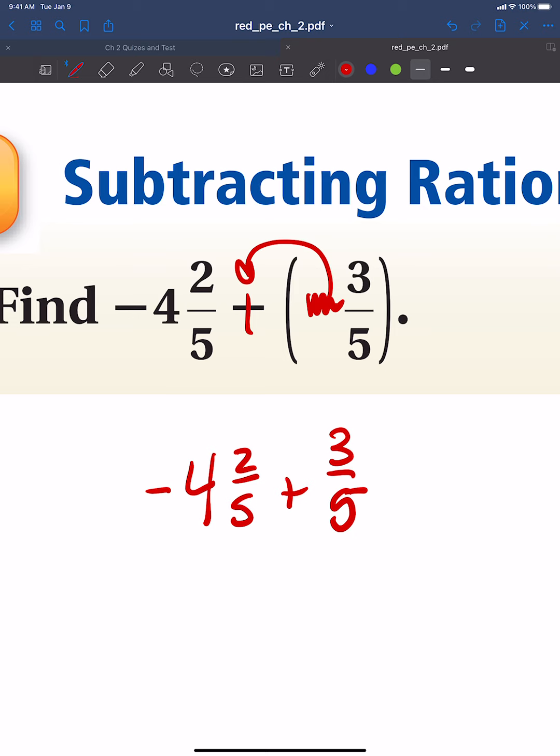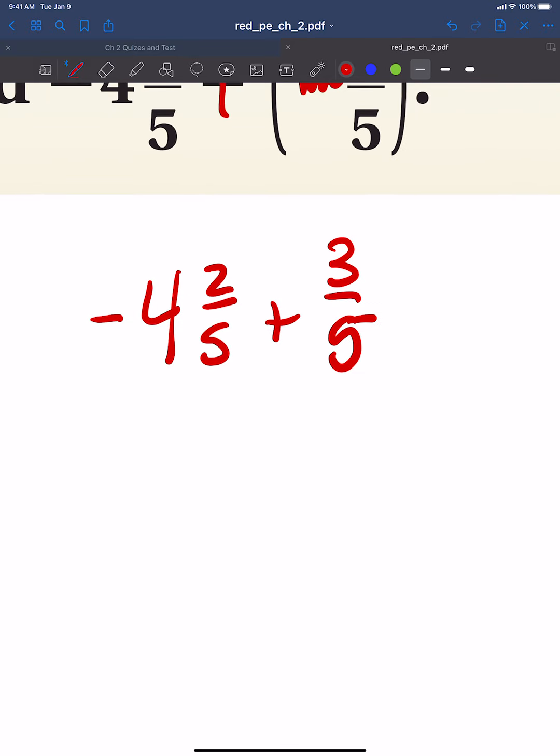Listen, do I have common denominators? Yes, I do. But is this an easy problem? Signs are different, so we subtract. Now hold on. Ignore this negative sign for a second. If I had 4 2/5 and said take away 3/5, you'd bring down the 4 and get 3 and 4/5.